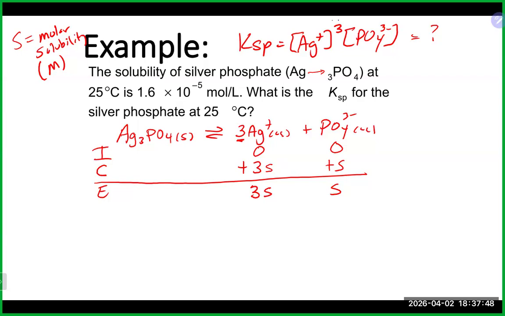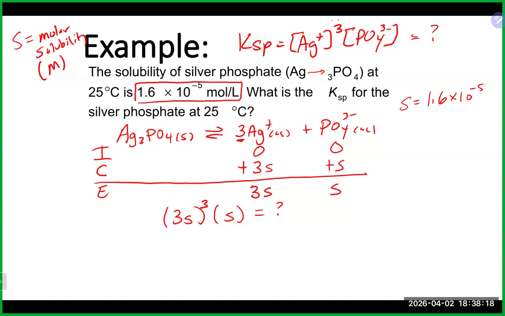Just like normal, you put this into the expression, and that gives you 3S cubed, times S. We can't solve for S because we don't know what the KSP is, but they did give us the molar solubility of this compound, and that is basically what S is: 1.6 times 10 to the -5 molar. So we just put in our number: 3 times 1.6 times 10 to the -5, cubed, times 1.6 times 10 to the -5.